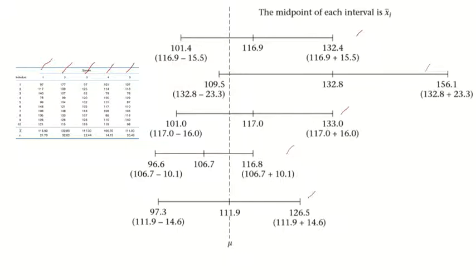Okay? They might be different, but all of these confidence intervals of the mean at some point include the population mean, indicated here by this broken line in the center. Okay, so all of them include this population mean.